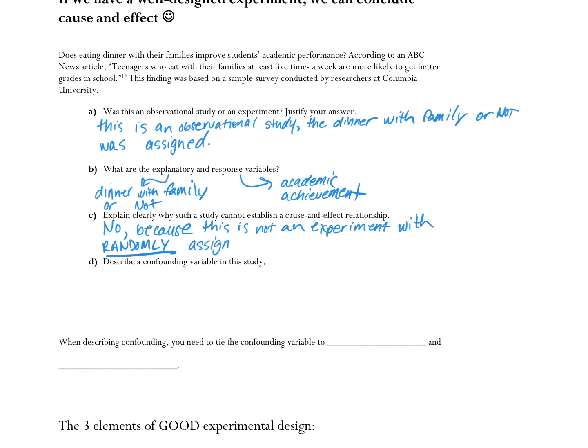But in order to conclude cause and effect, you need randomly assigned treatments. We'll talk about that a whole lot more on the next page. So what's a confounding variable in this?